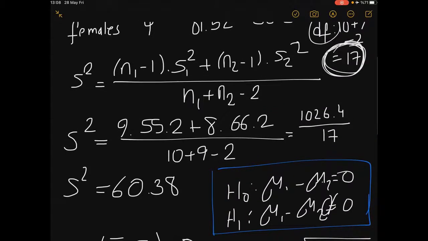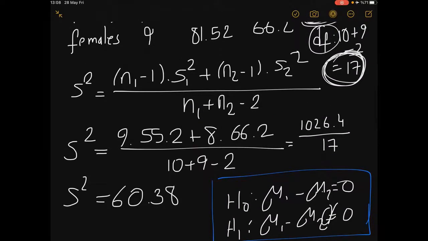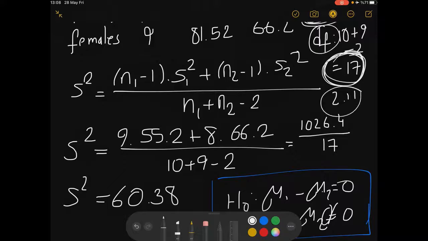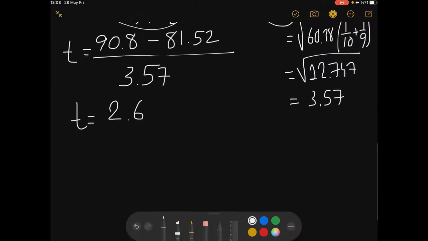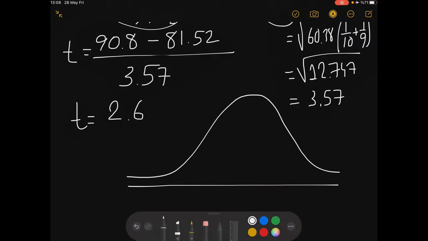That's my critical value here, which is 2.11.